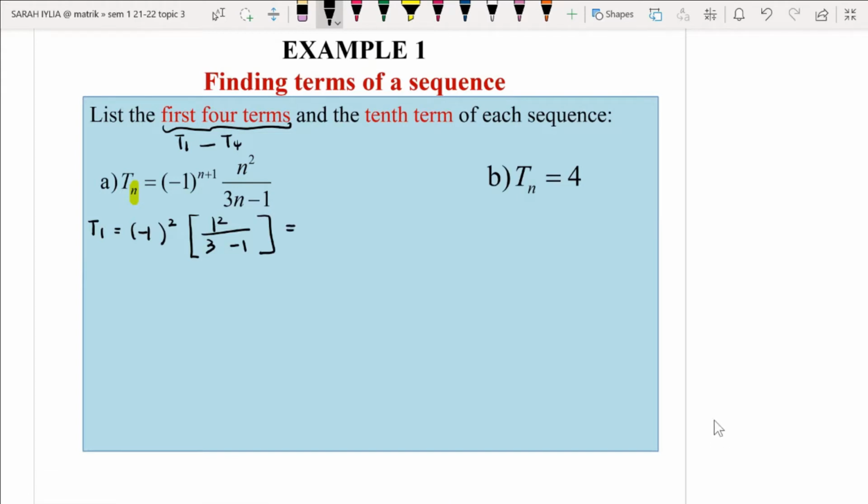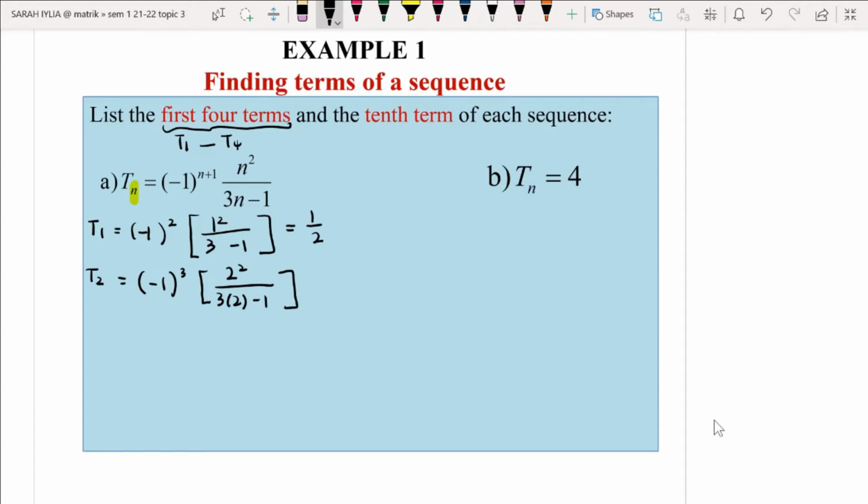And then awak tekan je lah calculator. So from here kita akan dapat half. Alright, settled. Next kita nak cari T2. Means you repeat the same process. Negative 1 and ganti 2. So here we gonna get 3 times 2 squared over 3 times 2 minus 1.